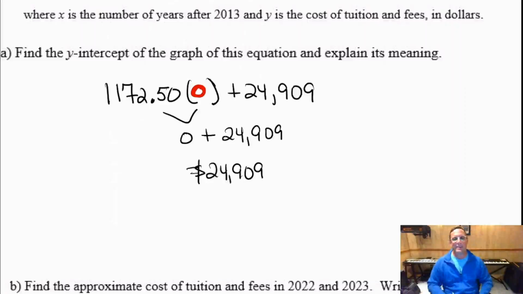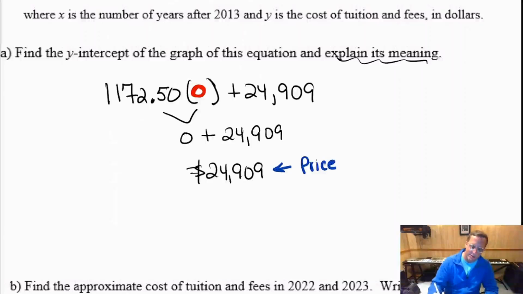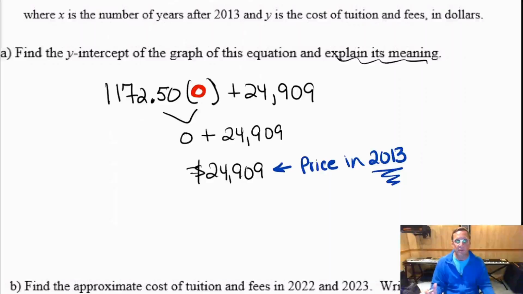All right, and it says explain its meaning. So since we put a 0 in for the x, and x is the number of years after 2013, what that means is that's the price in 2013. Because we put 0 for 0 years after 2013. So 0 years after 2013 is 2013.